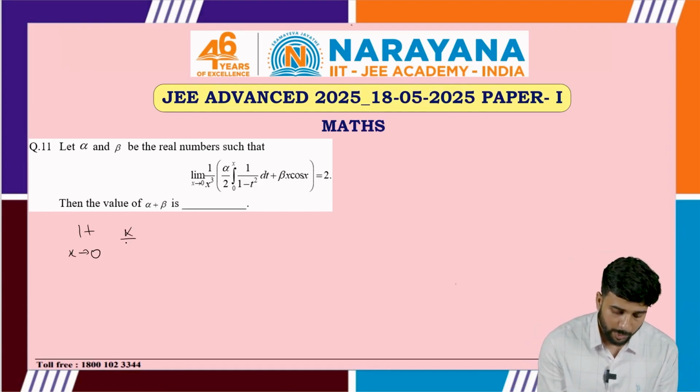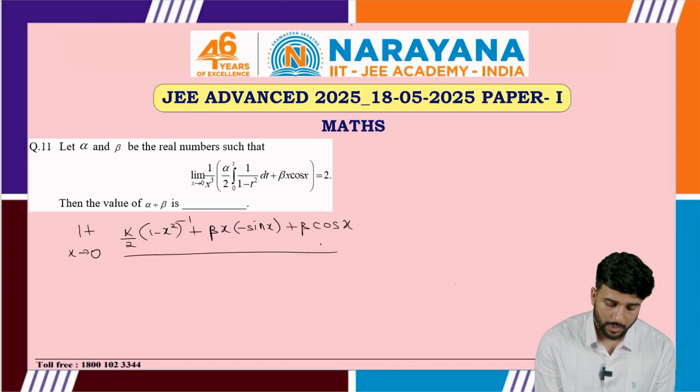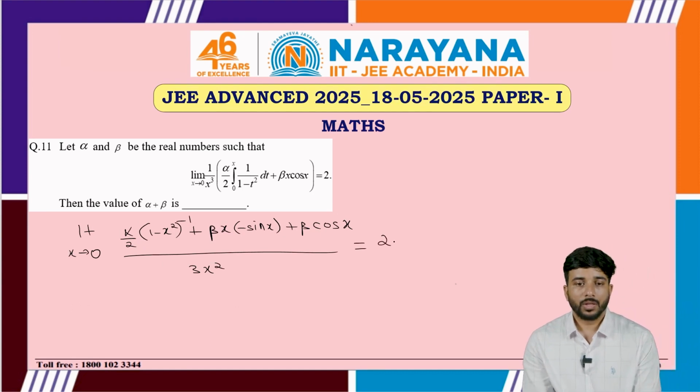I'll get it as alpha by 2 into 1 minus x square whole power of minus 1 plus beta x cos x derivative, which is beta into x into minus sin x plus beta cos x, by 3x square. He's saying this limit must be equal to 2. So denominator degree is 2, so numerator degree also I have to expand till degree 2.